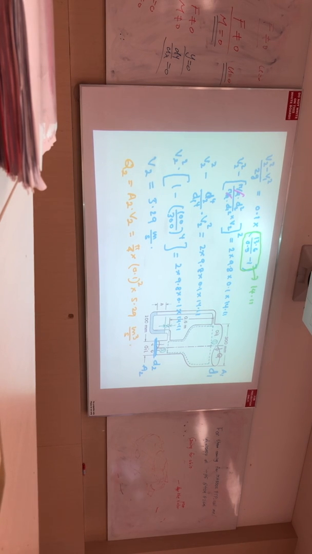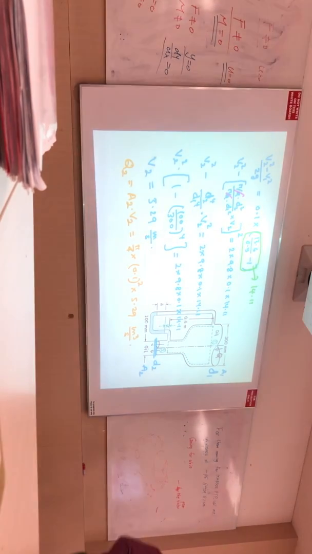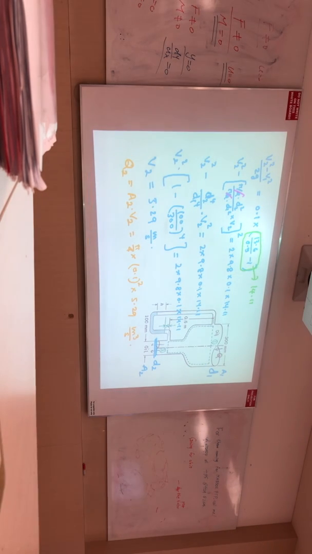Here I put 100 because of millimeter, you can cancel. If you put 0.1 and 0.3, you get the same result. So this is the answer, the volumetric flow rate for ideal flow. This is true for ideal flow, if there is no friction.